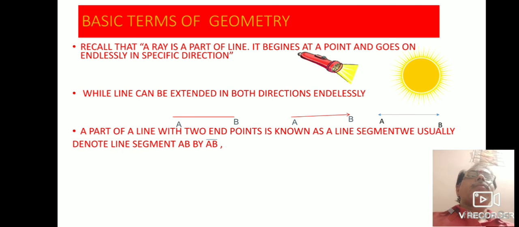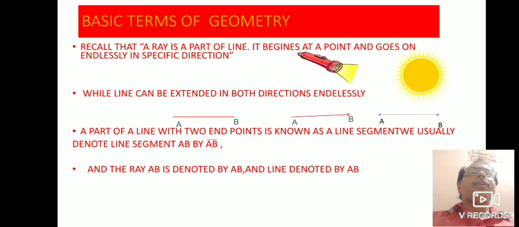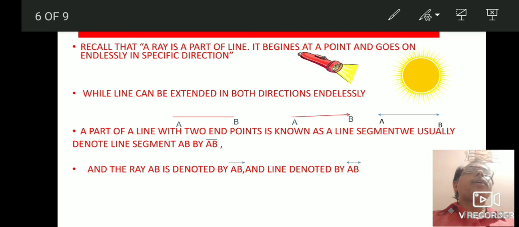A part of a line with two endpoints is known as a line segment. So we usually denote the line segment AB by AB with the line segment symbol upon it. And next, the ray AB is denoted by AB, and the line is denoted by AB with a double arrow head.